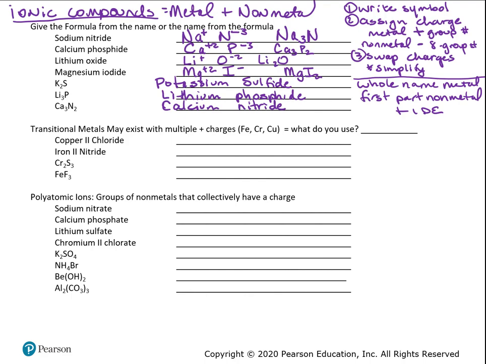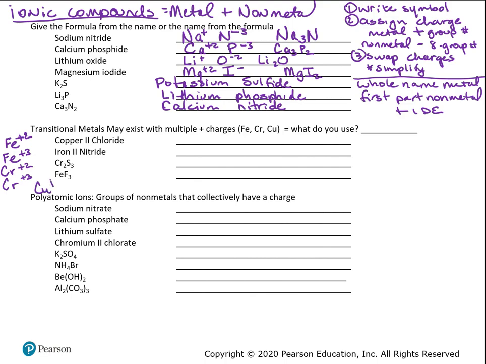So for iron and chromium, iron can be a +2 or iron can be a +3. So it can either lose 2 electrons and be stable, or it can lose 3 electrons and be stable. Same thing with chromium. Chromium can exist as a +2 or a +3 ion and be stable. So those ones are both +2, +3.